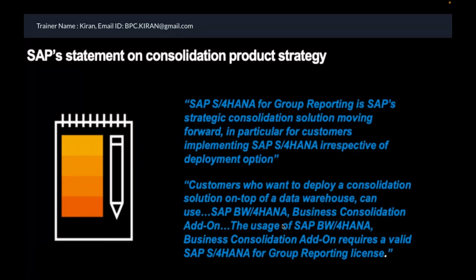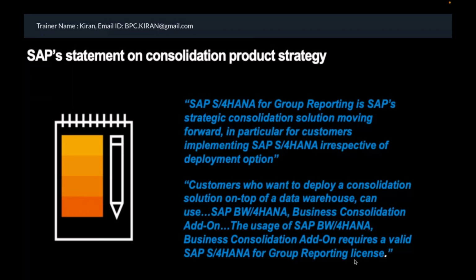There is another case. Some customers have different ERP systems, or they have an ECC system, and on top of the ECC system they have BW for HANA. Even then, SAP introduced an add-on on top of BW for HANA, but for that add-on you have to pay for the SAP S/4HANA for group reporting license.